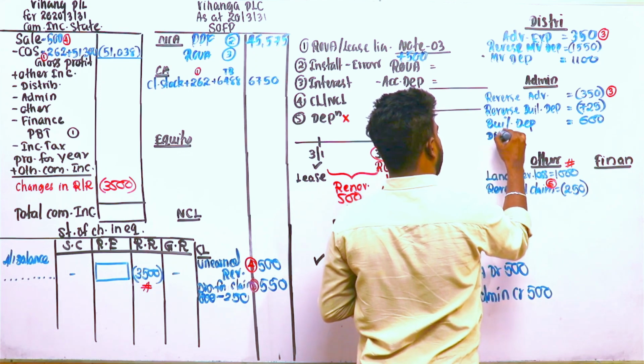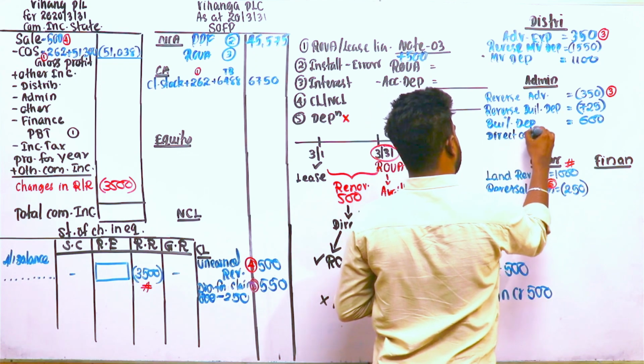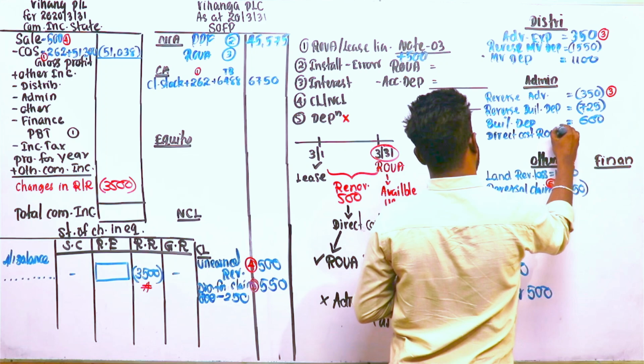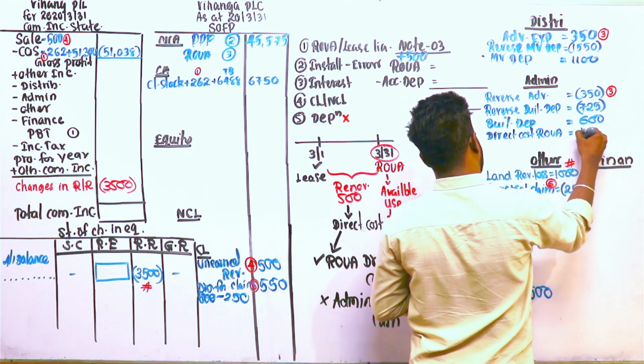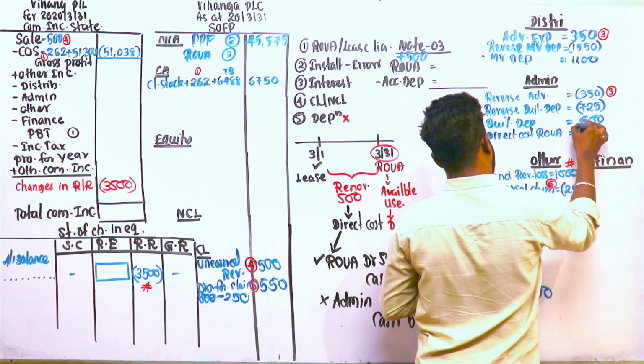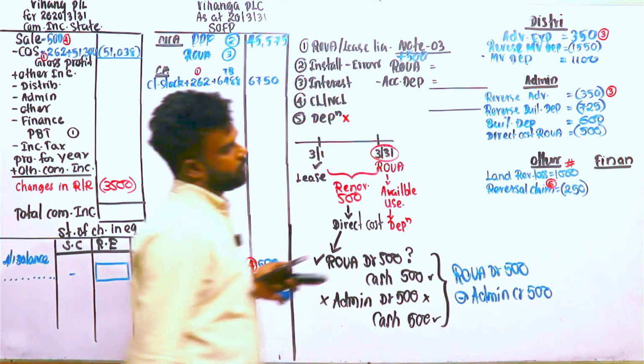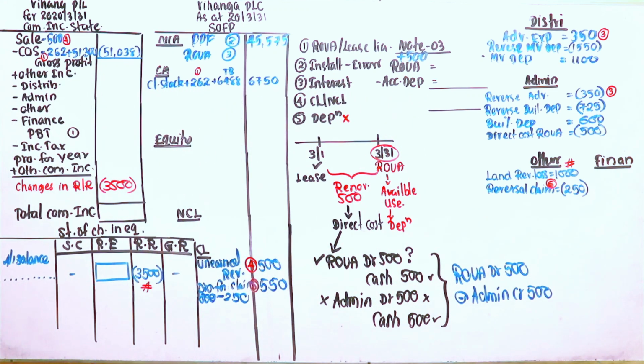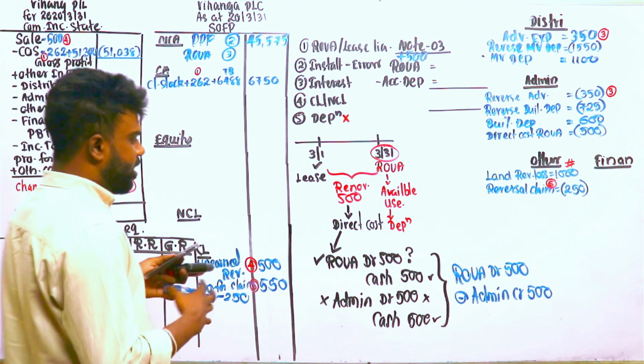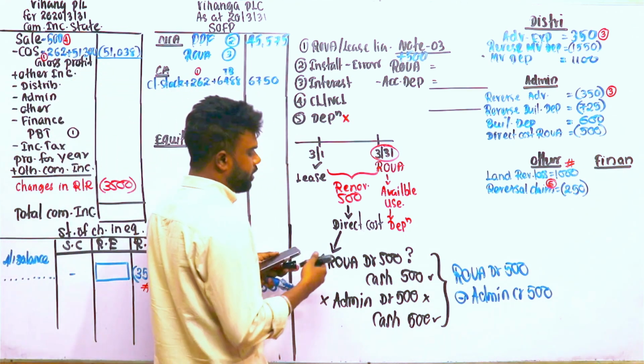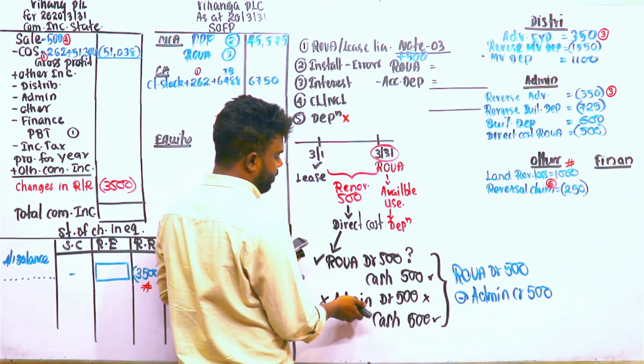I'll write down direct cost of right of use asset. Clear? No issues with cash, right? Right of use debit, admin debited.